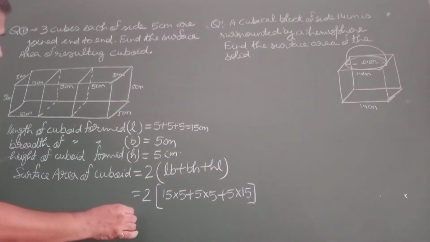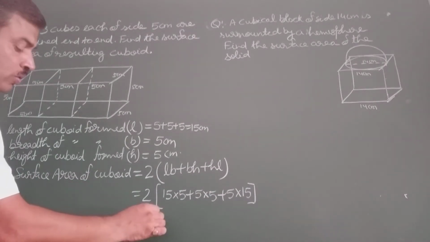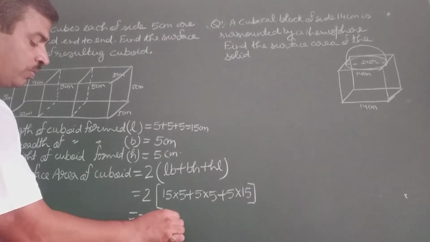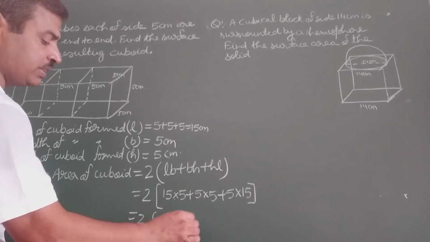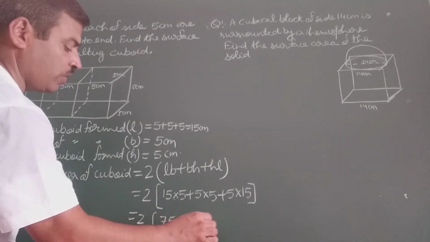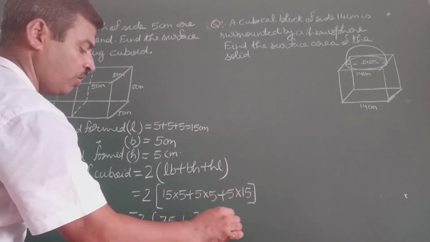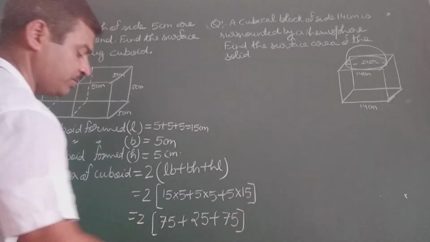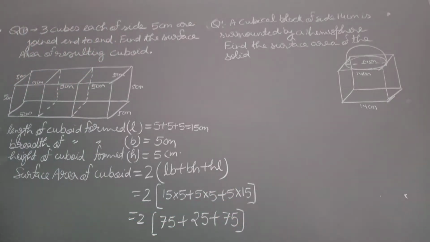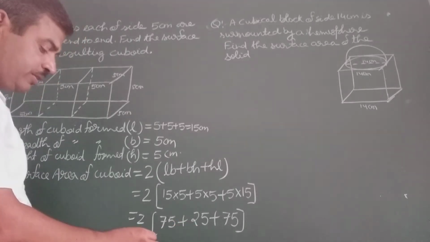So let us do the calculation. 2 times 15 times 5 is 75 plus 5 times 5 is 25 plus 5 times 15 is 75. So when we add 75 and 75 it is 150, and 25, 175. So 175 into 2, correct?